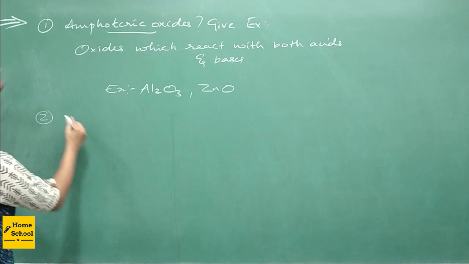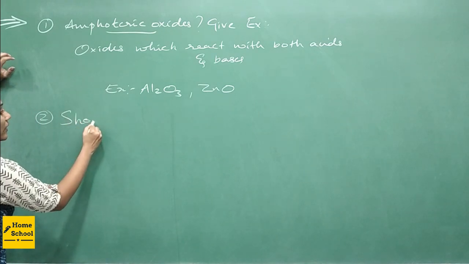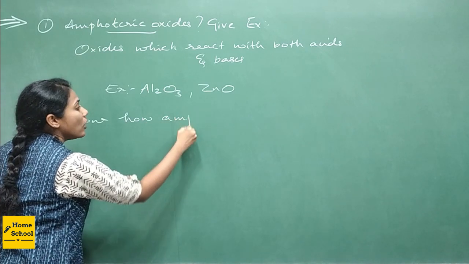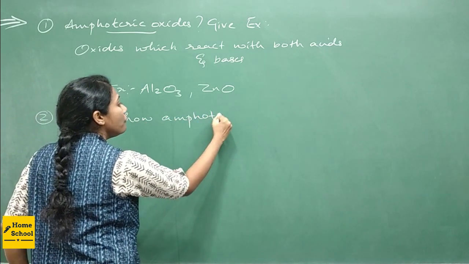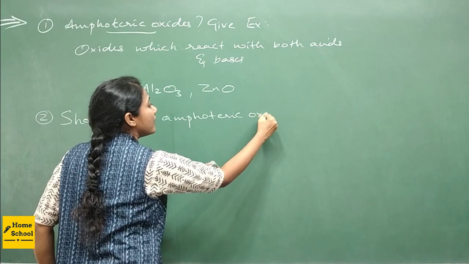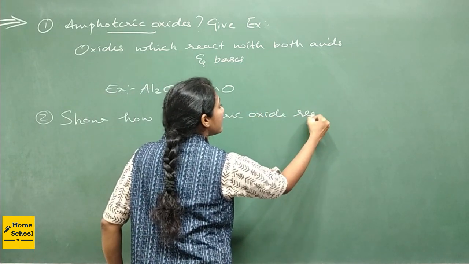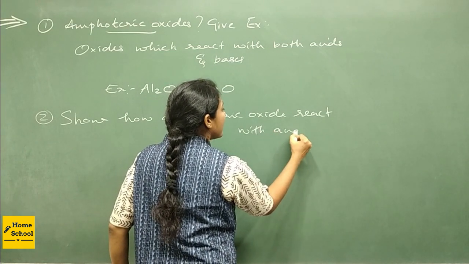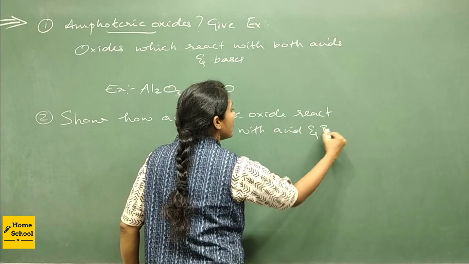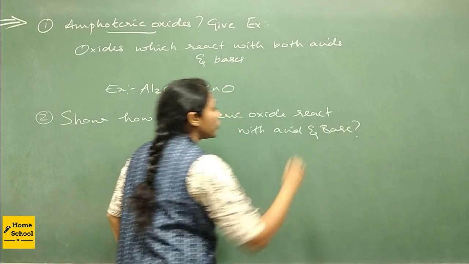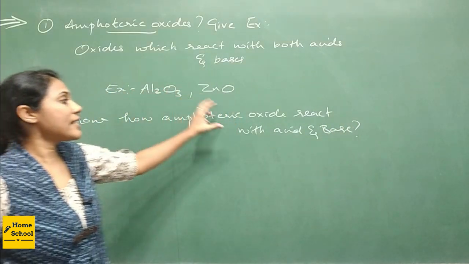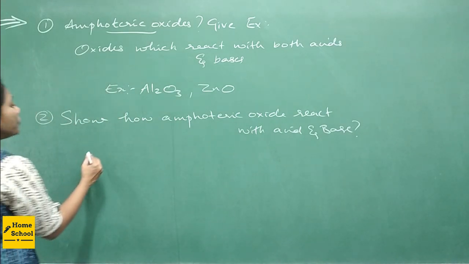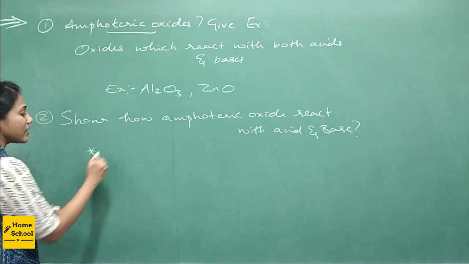The question will be like this: show how an amphoteric oxide reacts with acid and base. Show a reaction of amphoteric oxide with acid or base. This way the question can be asked, so you have to write two chemical reactions here.